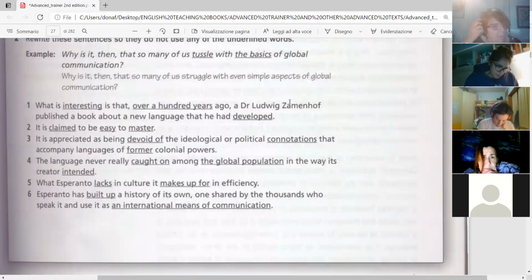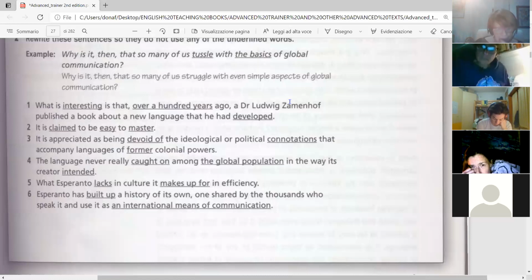The language never really caught on among the global population in the way its creator intended. Yes. Spread among the... no, because you got among.